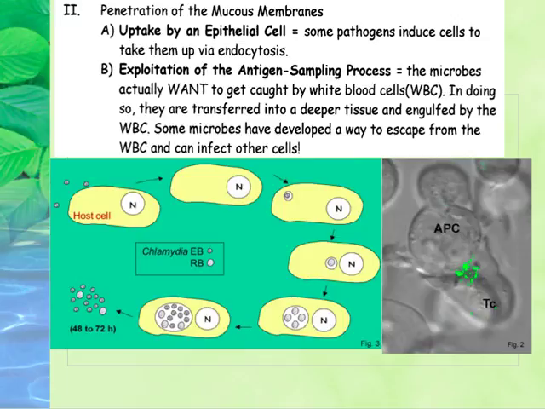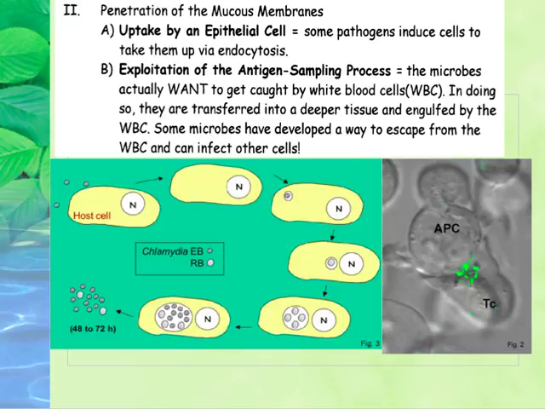So there can be uptake by an epithelial cell. Some pathogens induce cells to take them up via endocytosis. Okay? There's exploitation of the antigen sampling process. Now what that means is it's a microbe that actually wants to get caught, wants to be identified as something foreign so that your white blood cells will engulf it. But then what you maybe don't realize is the white blood cells have a free pass. They can go anywhere they want in the body.